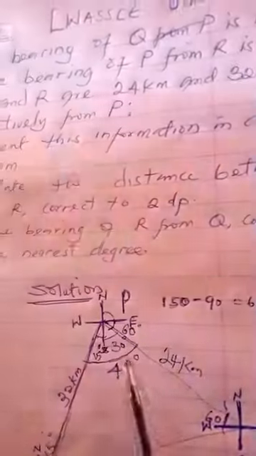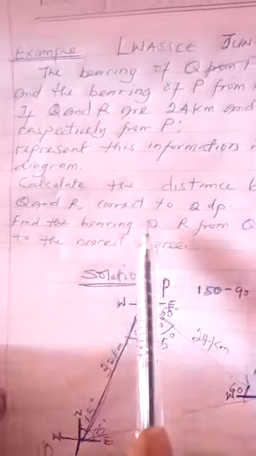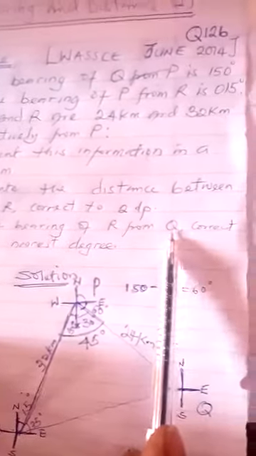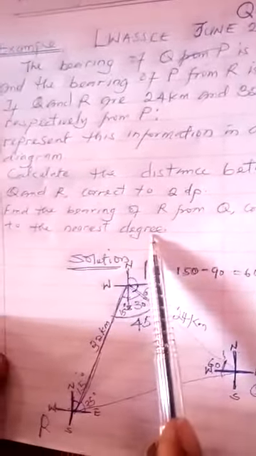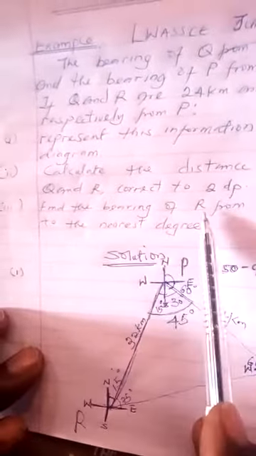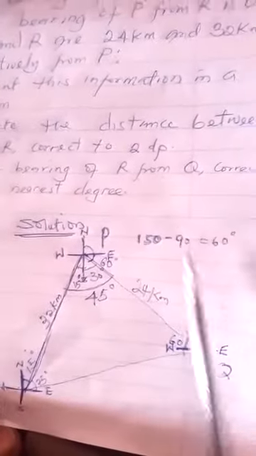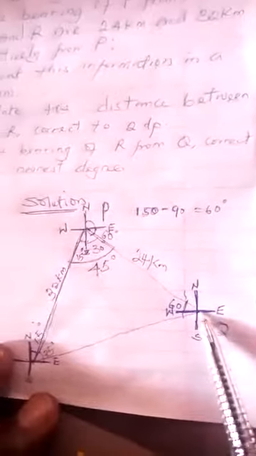Now, the last question. We have to find the bearing of R from Q, correct to the nearest degree. Bearing of R from Q. So we will consider the quadrant of Q, because we are looking for the bearing of R from Q. And anything after from is the required quadrant.